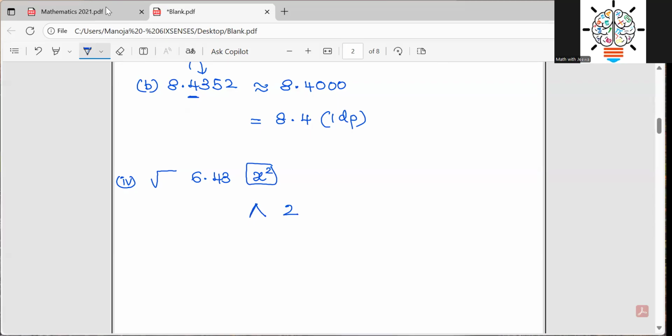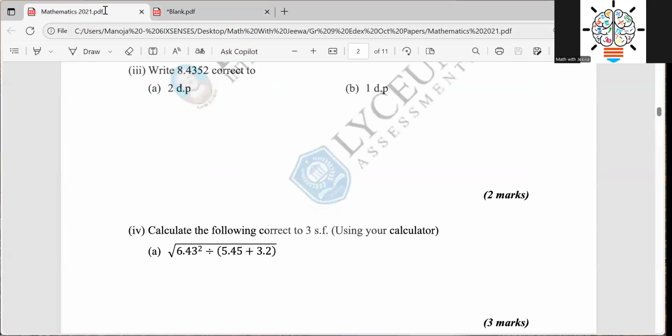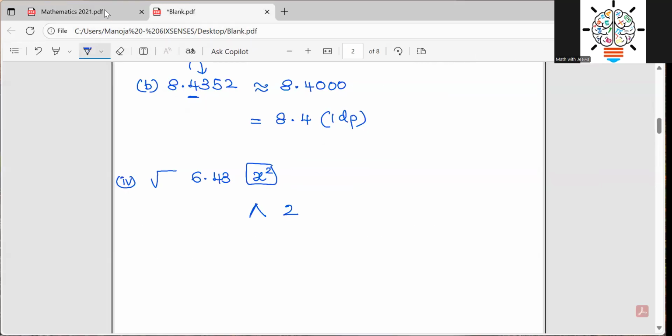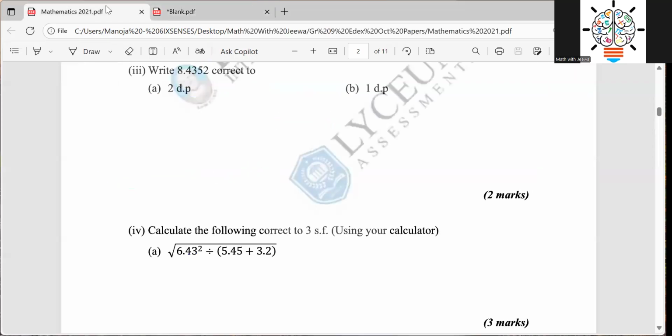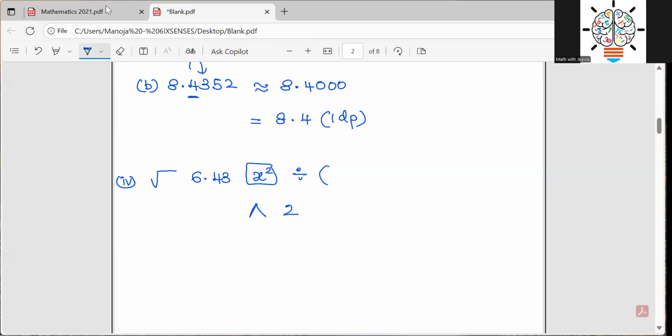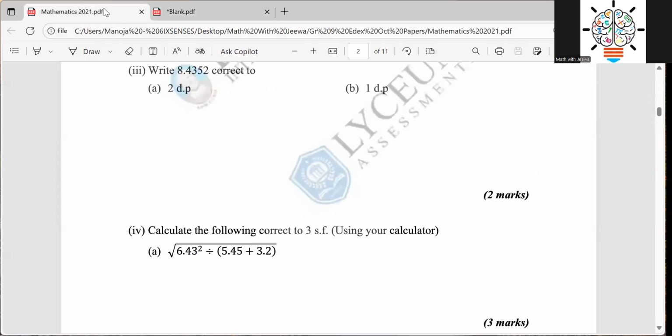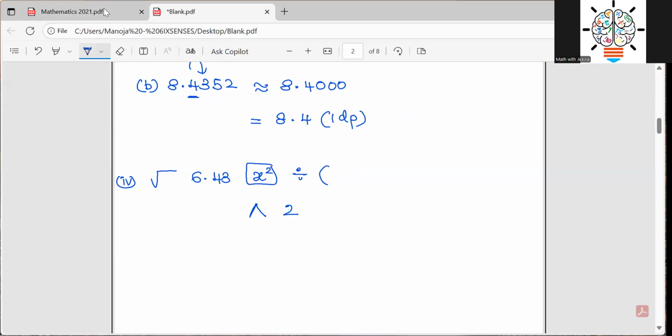It depends on the calculator type you are using. 6.43 to the power 2. Then you write the division, right? Then you open the bracket, right? So then we have 5.45 plus.